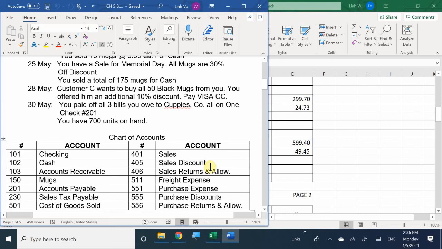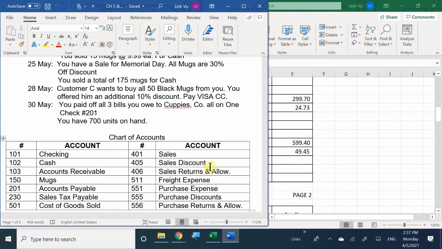So how are we going to deal with this customer? Sales return and allowance. Good. Right? So, 406. What else are we going to be refunding them? Oh, the sales tax. Yes, we got to refund the sales tax.